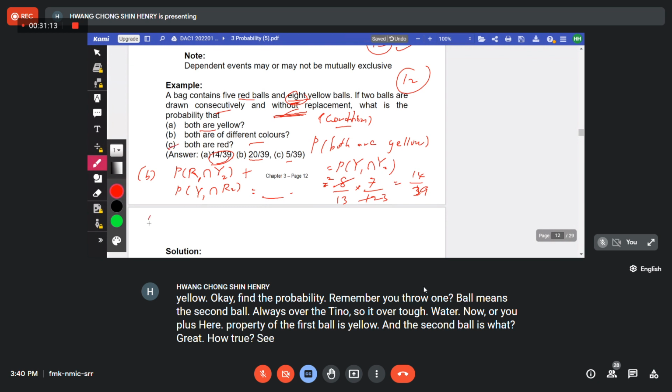C, both are red. R1 red and R2 also red.